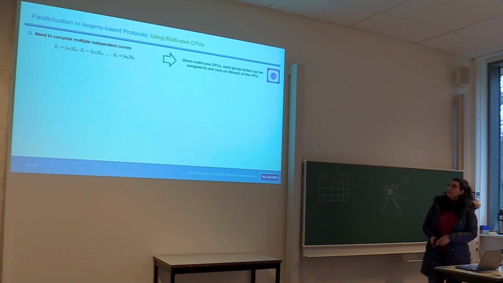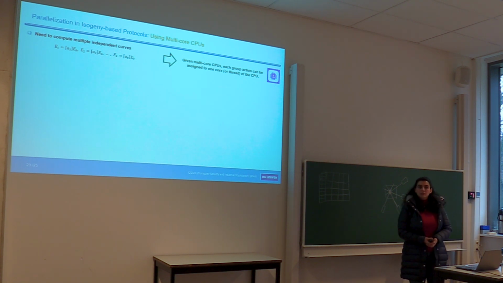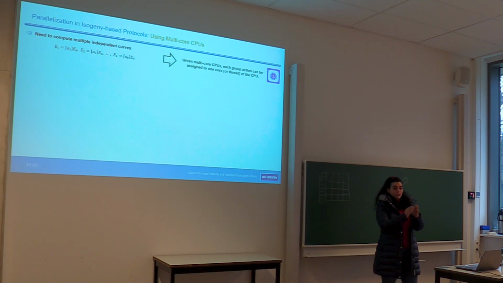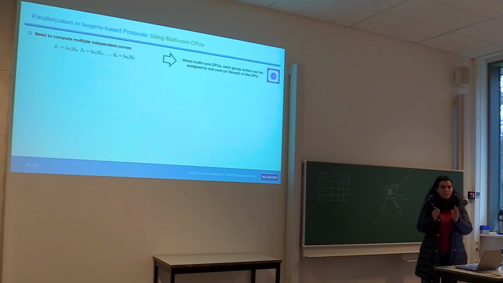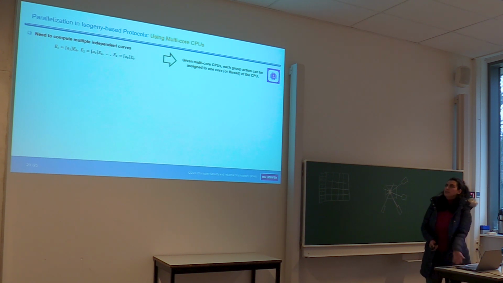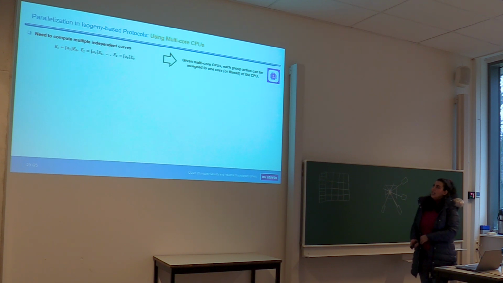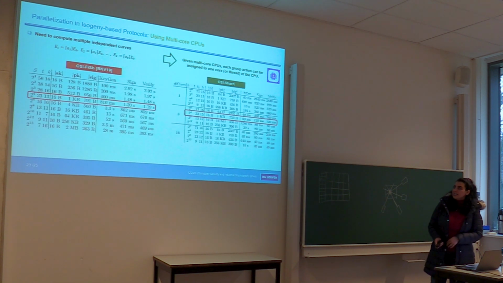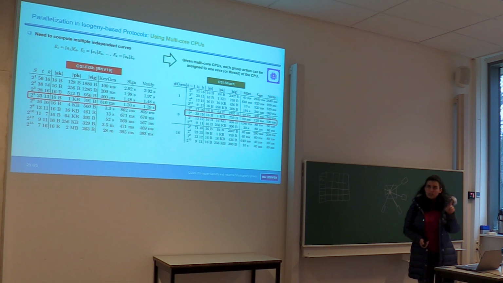For the first one, multi-core CPUs: because we are computing different things, we can assign them to different cores. Our laptops even have many cores, so we can use multi-core and we do not need to assign everything to one core.